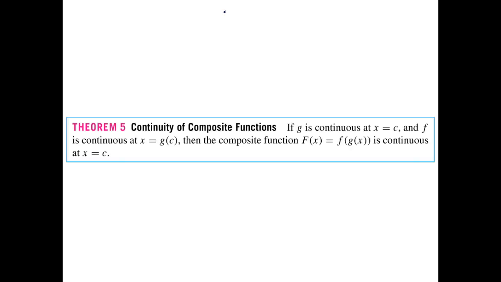So that will give me a value, guaranteed, some value, g of x. And then that value, I'm going to operate on that with f, and f has to be continuous around that g of c, that value, the output for g. So therefore, the composite function, capital F, is also continuous at x equals c, around x equals c.